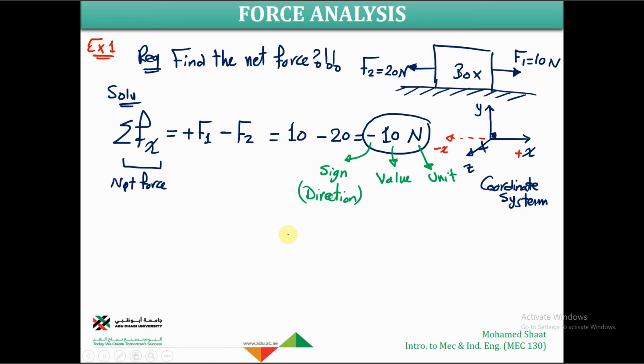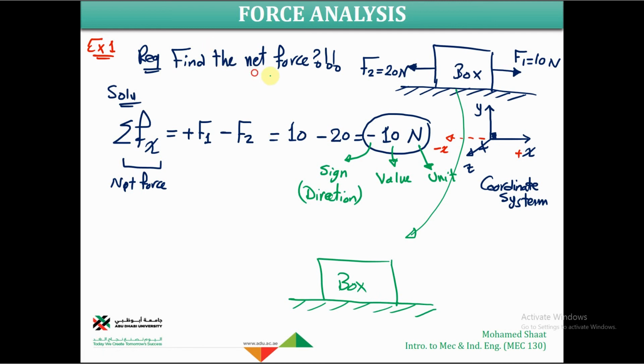It means that if, for some reason, I decided to replace this box with the 2 forces by only one force, assume that you have the same box, but instead of acting on it with 2 forces, I decided to combine them in one force. This one force is known as the net force. How much is it?